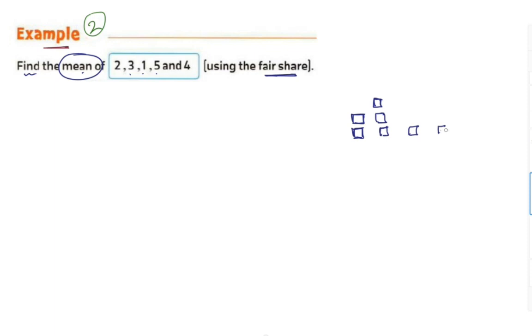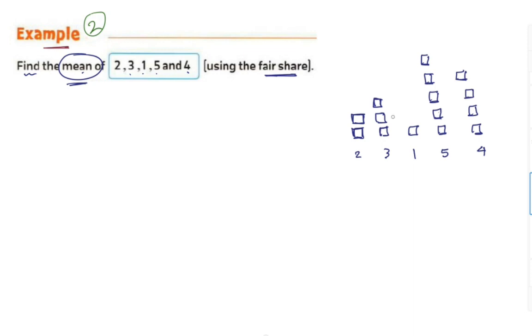And we have 5 squares: 1, 2, 3, 4, and 5. And the last one, we have 4 squares: 1, 2, 3, 4. Okay, now, this is 2, 3, 1, 5, finally 4.